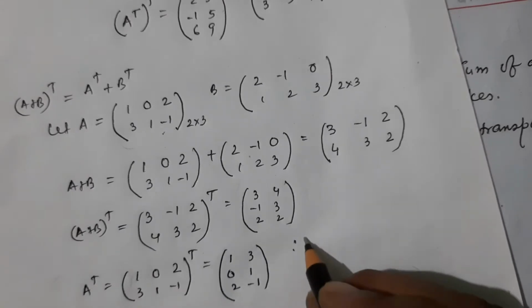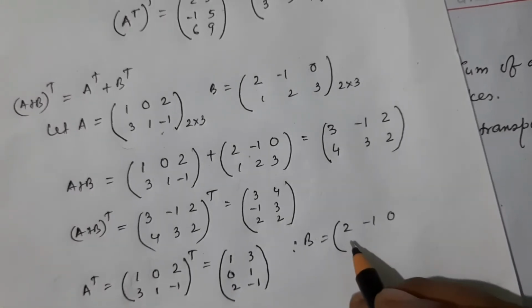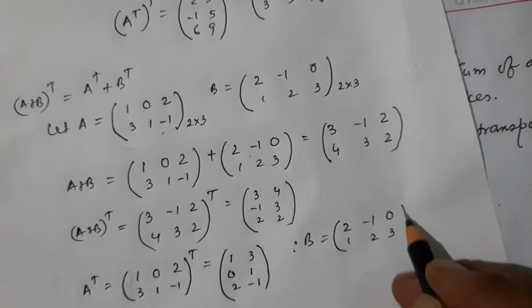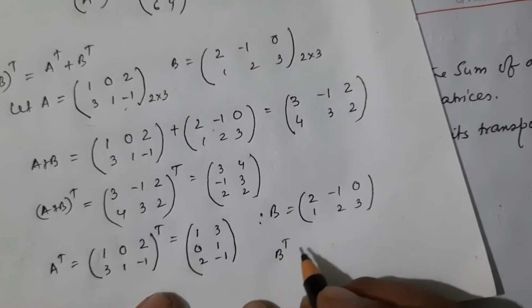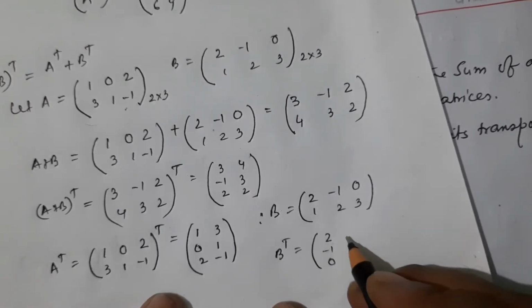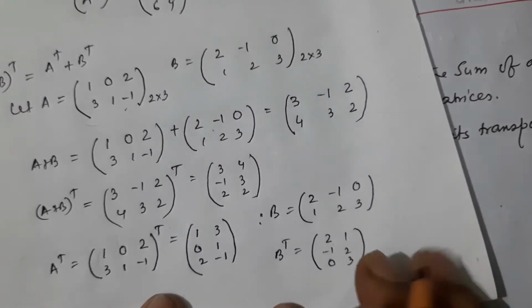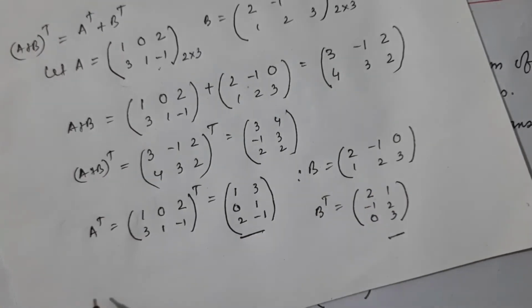Again B is equal to 2, minus 1, 0, 1, 2, 3. So we calculate B transpose, that is 2, 1, minus 1, 2, 0, 3.